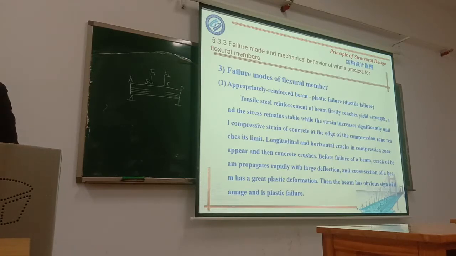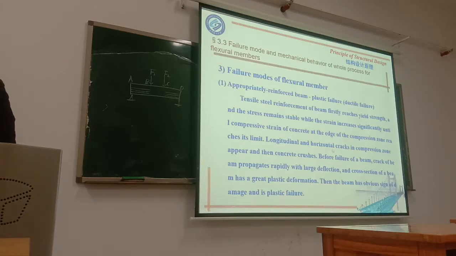That means the steel reaches yield strength first, and then the stress of the concrete increases until the compression strain of the concrete at the edge reaches the limit, which means it reaches the compression strength.